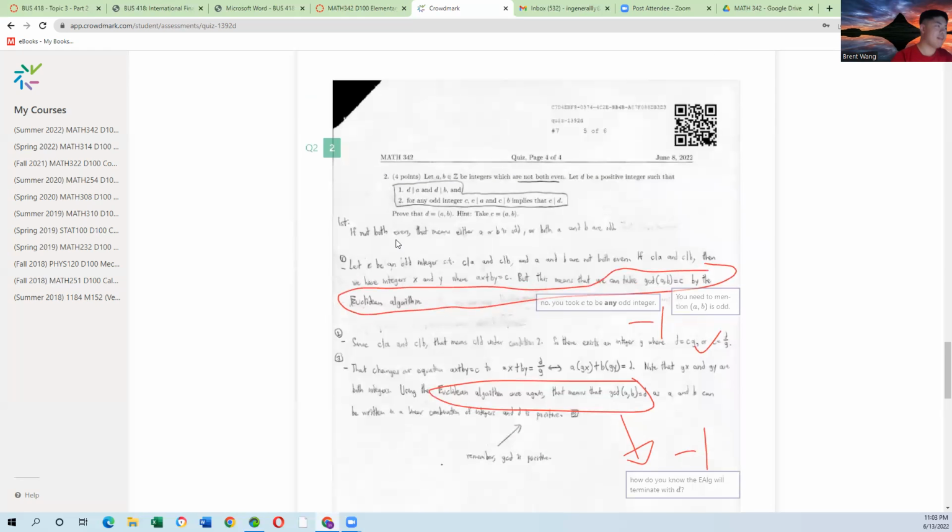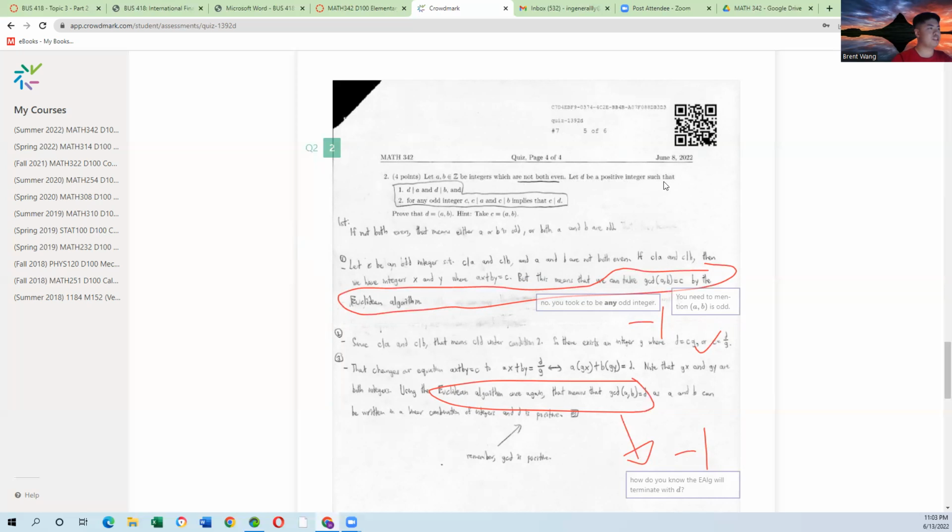So question 2, this was the proof-based question. I'm going to show you my method first before I reveal the correct answer. The question was, let a and b be integers which are not both even, so at least one of them is odd.